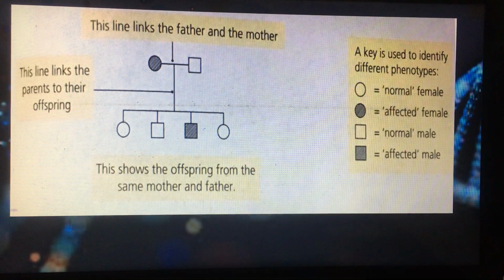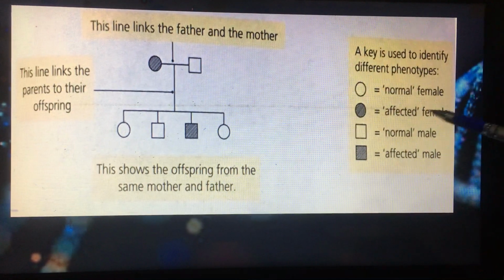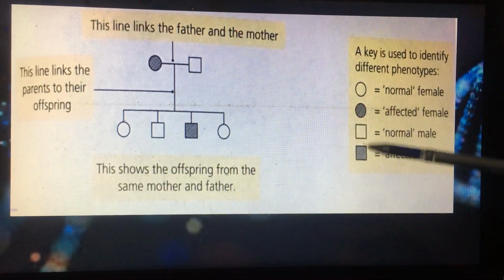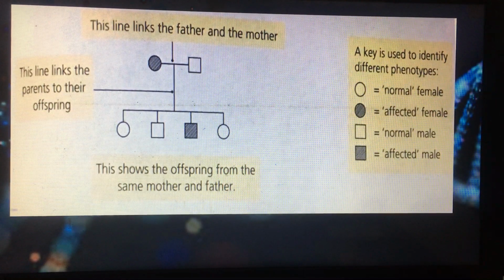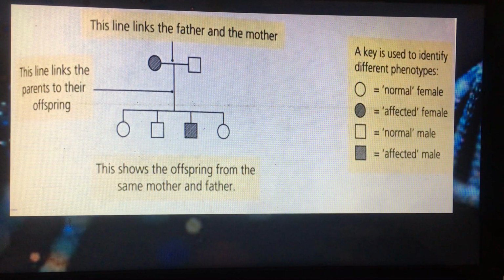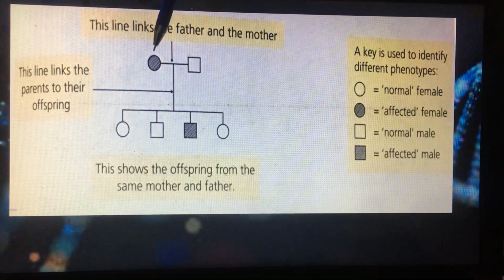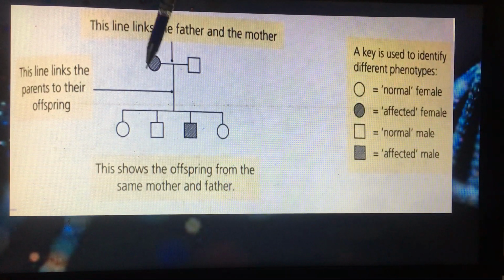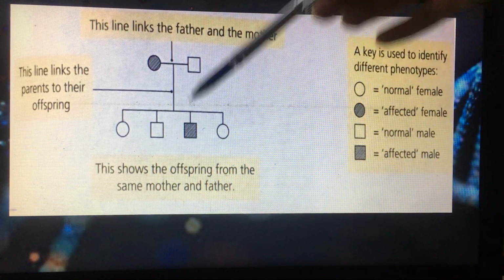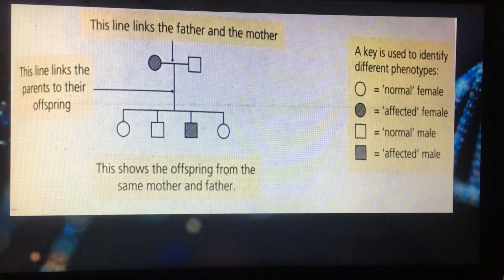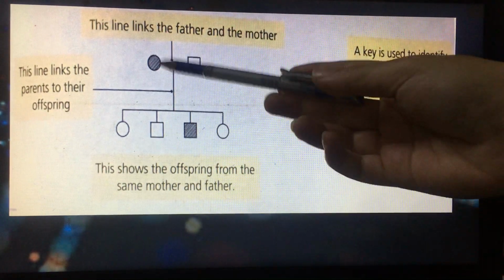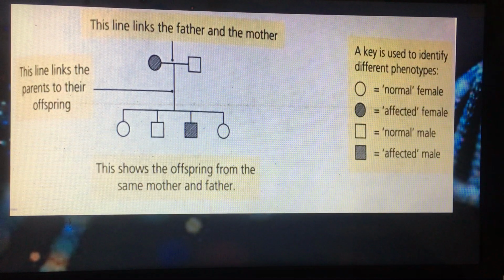So the affected female or shaded shapes always tell us that we have small letters. For example, for eye colors, here we have B small, which is a blue eye color, and here we have B small, here for male and here for female.